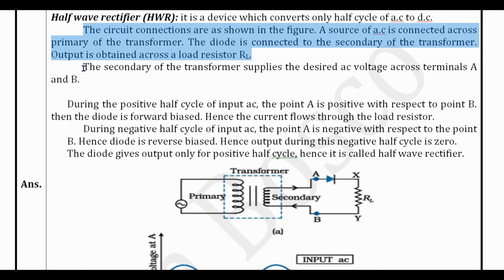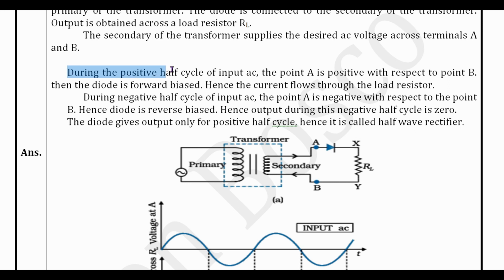The secondary of the transformer supplies the desired AC voltage across terminal A and B. During the positive half cycle of input AC, the point A is positive with respect to point B. Then the diode is forward bias, hence the current flows through the load resistance.